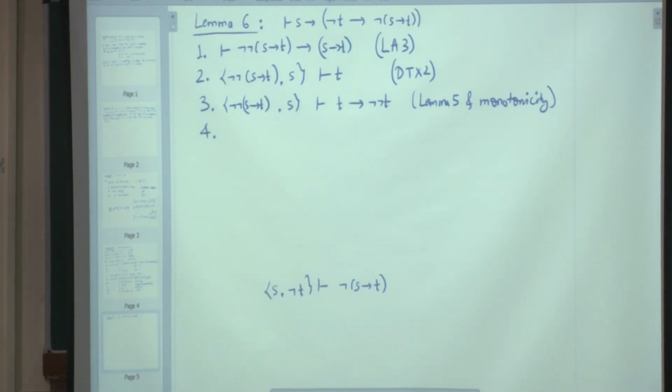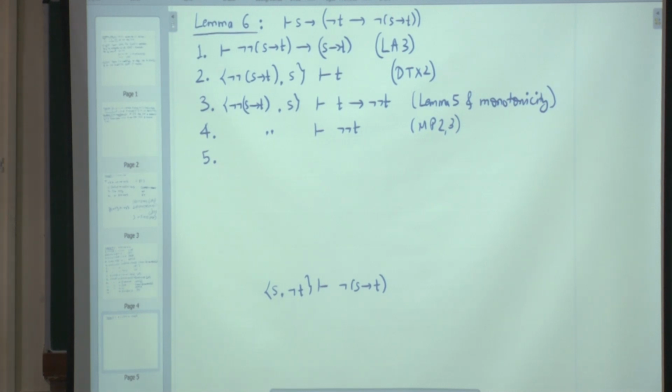Okay, fourth step. Now you know what it is. Double negation T, and that's MP on 2. Okay.